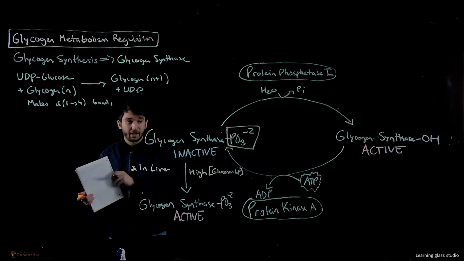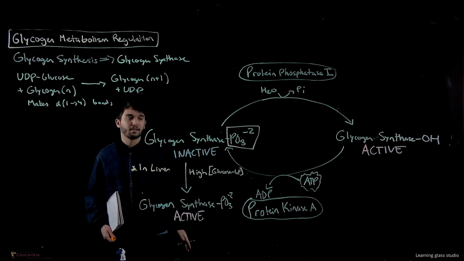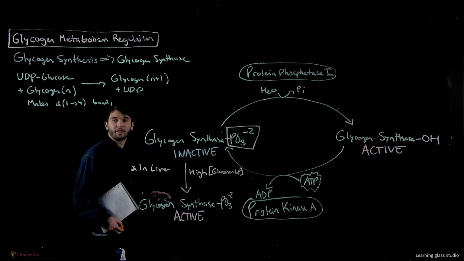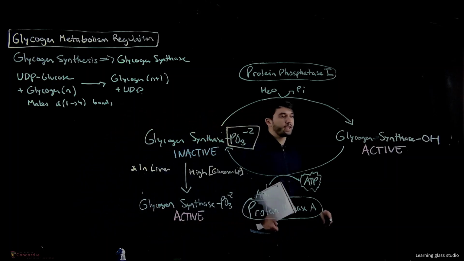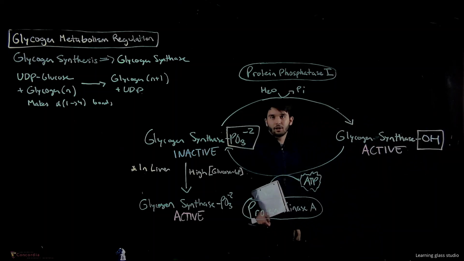Remember how glycogen phosphorylase was active when it was phosphorylated? Glycogen synthase is inactive when it's phosphorylated. So glycogen synthase is the opposite of what we see with glycogen phosphorylase. Also, glycogen synthase, when it is dephosphorylated, is active, okay?